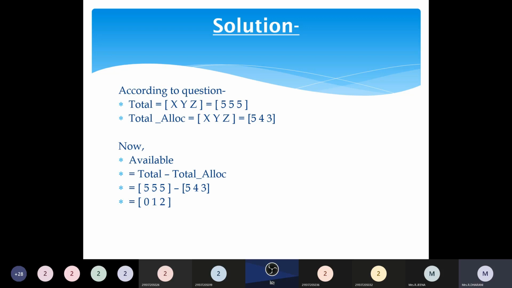The total instances of resources is 5, 5, 5 minus allocated 5, 4, 3. So the actual availability of X, Y, Z is 0, 1 and 2. Based upon this, we need to allocate resources to P0, P1 and P2.